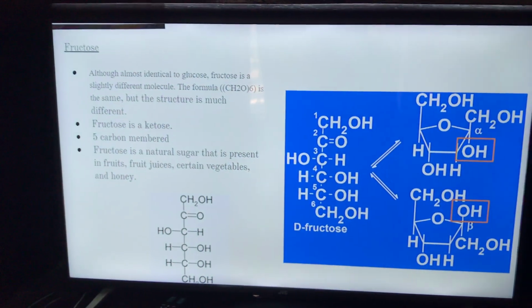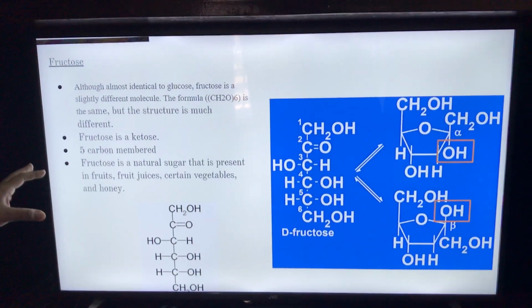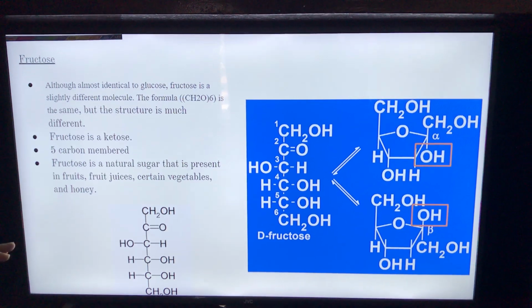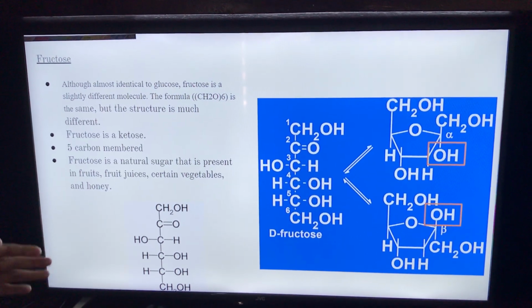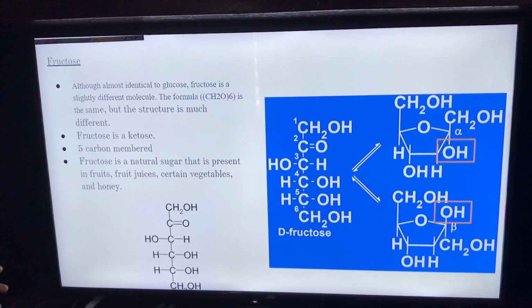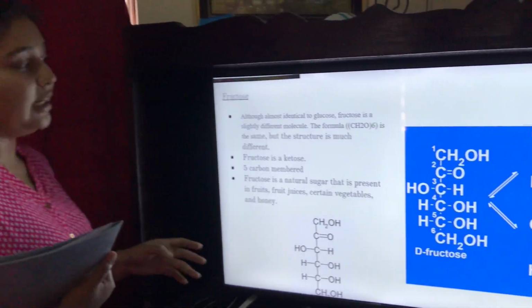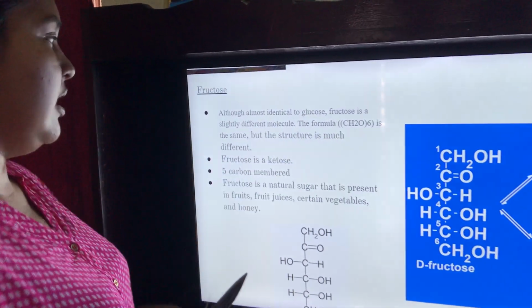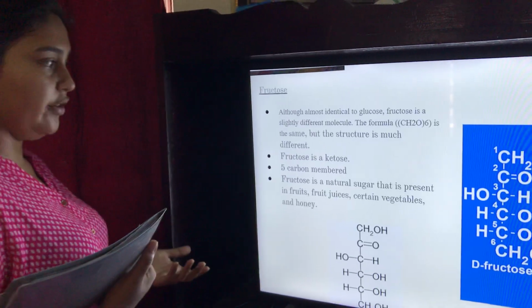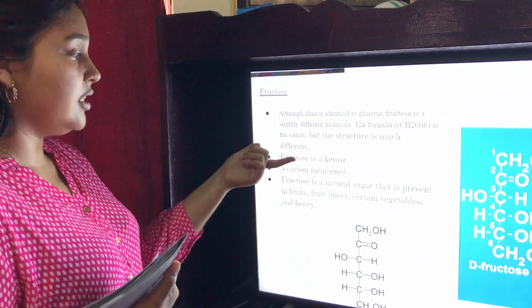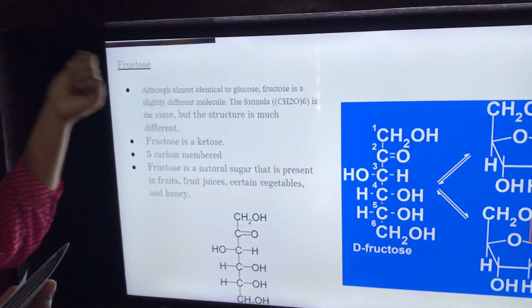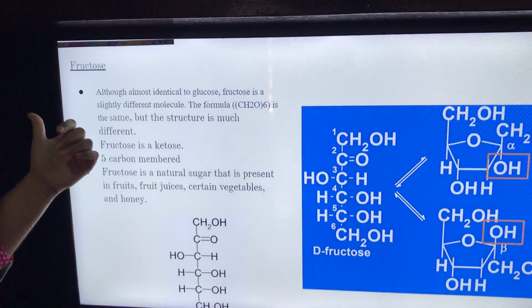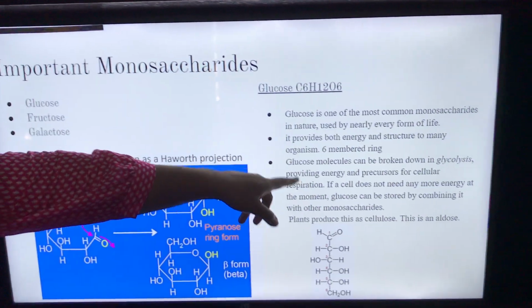Next slide. So the next monosaccharide is fructose. So fructose, although it is almost identical to glucose, it is slightly different within the molecule because the formula is C6H12O6, which is the same, but the structure is much different. So fructose is a ketose, where glucose was an aldose.